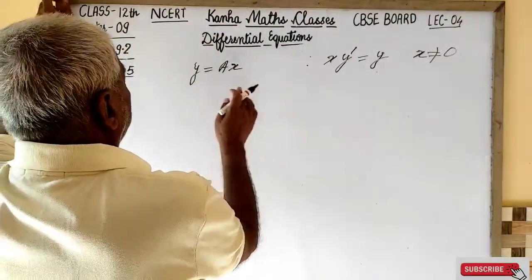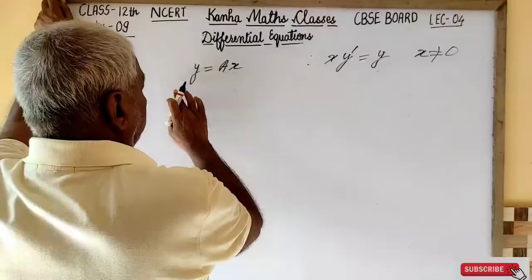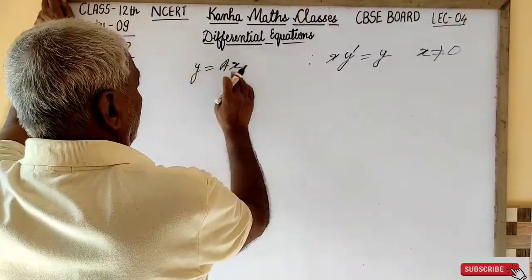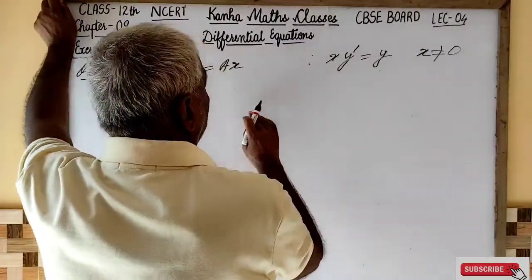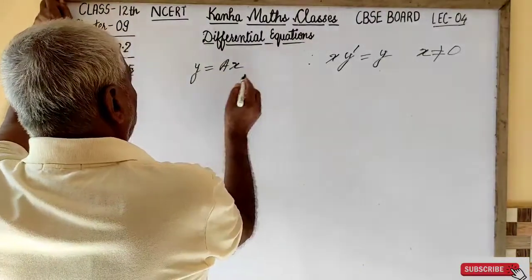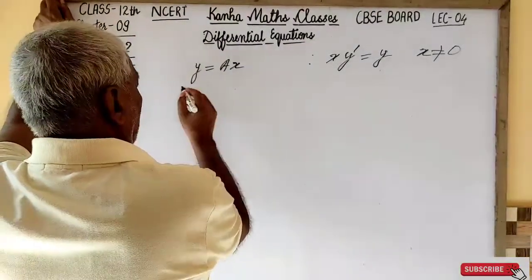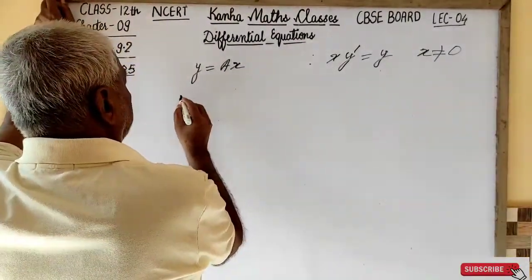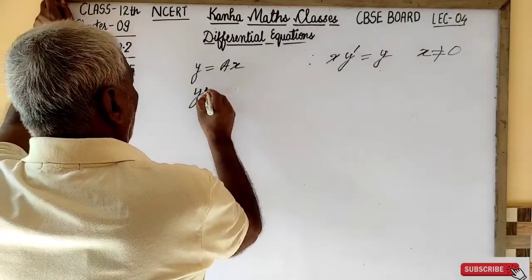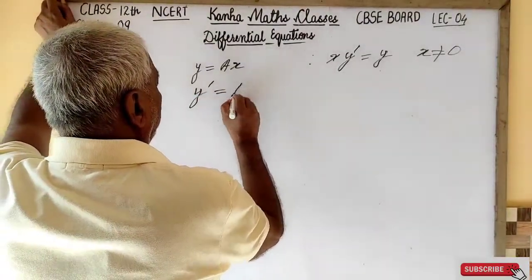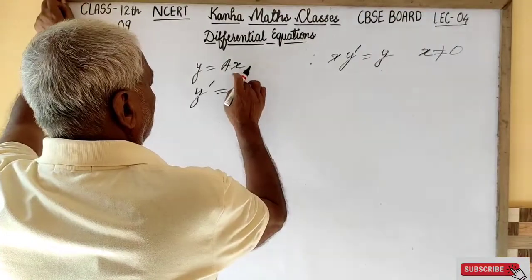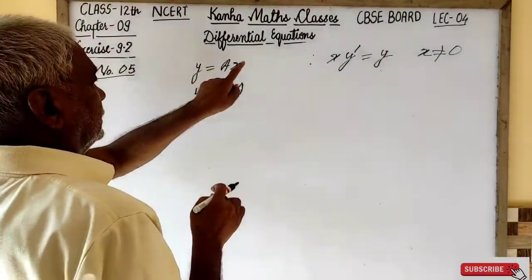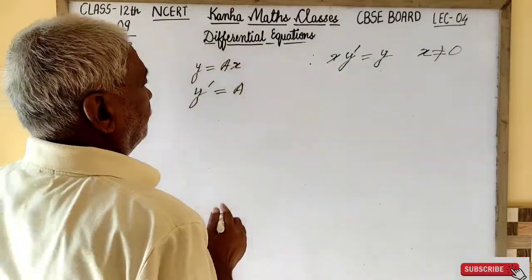If you take the derivative of both sides, y is equal to ax is the function. Now, if we differentiate both sides, you will have y dash is equal to a, with respect to x, it means a into 1.